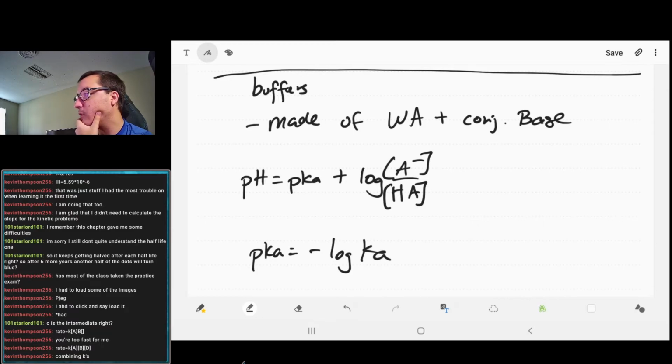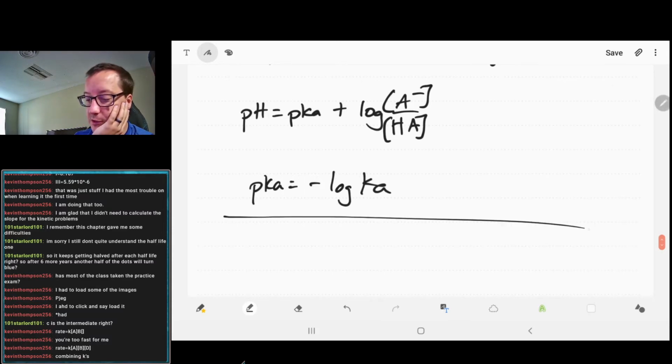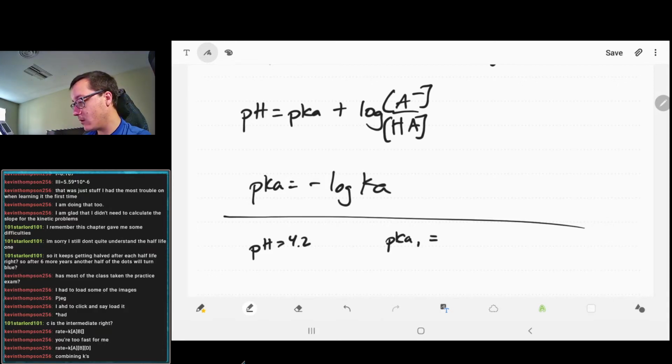Okay, here's one. What combination can be used to make a buffer with a pH of 4.2? We have the Ka of benzoic acid and the Ka of hydrocyanic acid given to us there. Let's go ahead and find their pKa's. For benzoic acid, we're looking at negative log of 6.5 times 10 to the negative 5.